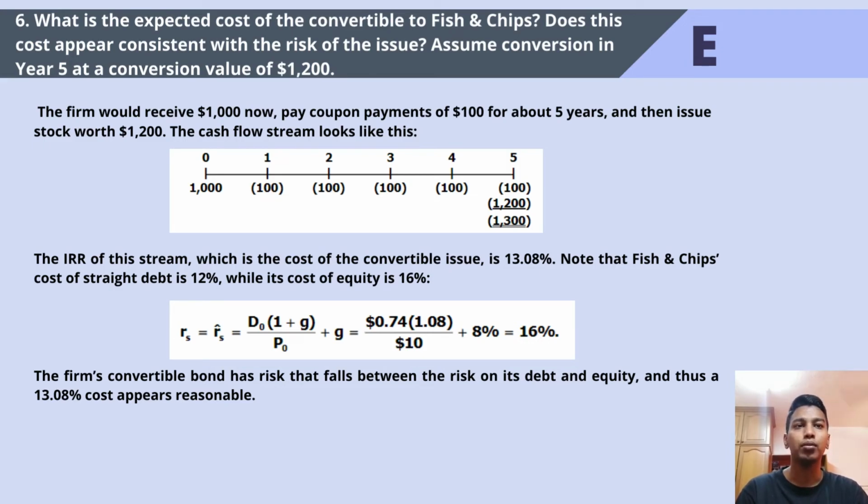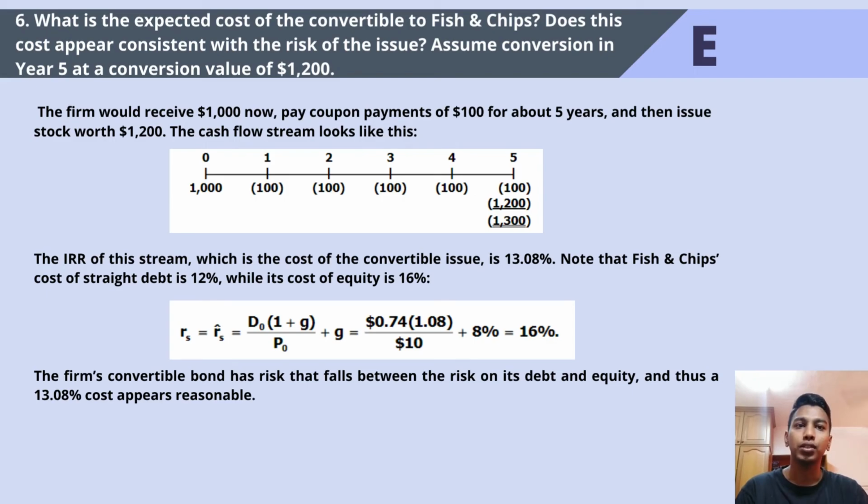The cash flow stream looks like this. For year 0, 1,000. For year 1, negative 100. For year 2, negative 100. For year 3, negative 100. And for year 4, negative 100. And for year 5, negative 100, we will get 1,200, and the total is 1,300.